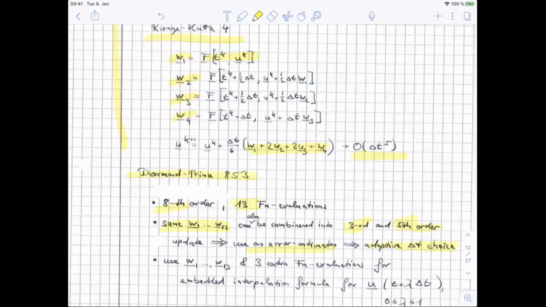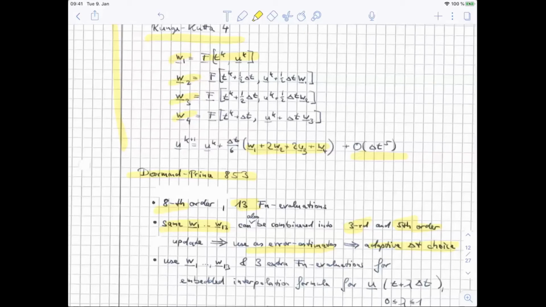So you basically tell your code, I want an error of 10 to the minus 4, and it uses the third and the fifth order time-stepping formulas to estimate the actual time-step error, and then chooses a delta t as big as possible to still give you the error you are asking for.